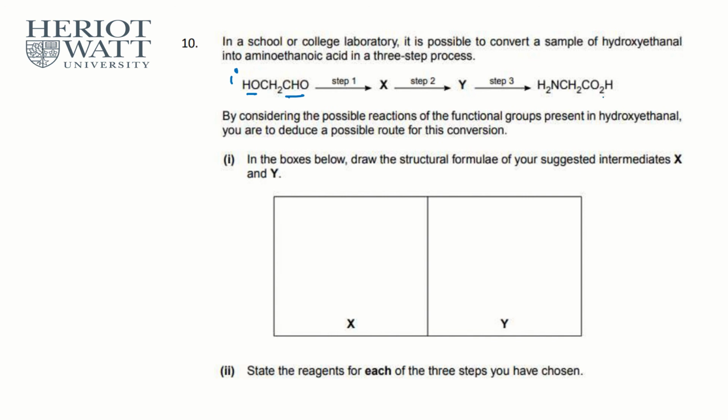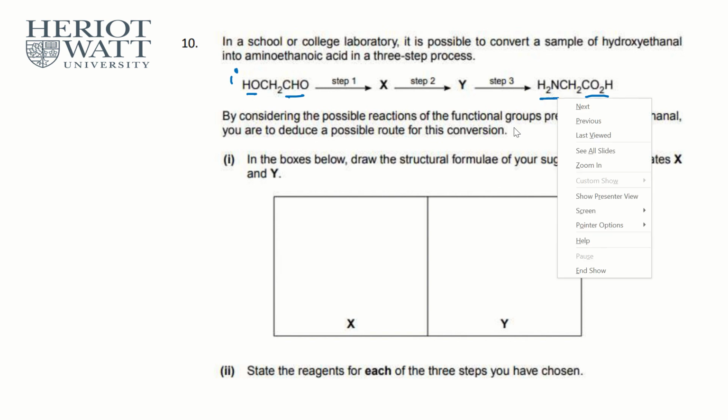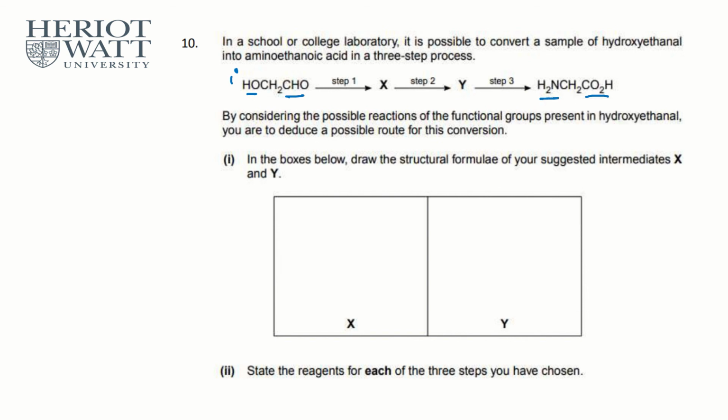At the end, I'm changing into a carboxylic acid, and I'm changing the OH into NH2. So we are trying to think how to do the conversion in 3 steps, and the sequence of changing it makes a difference though.